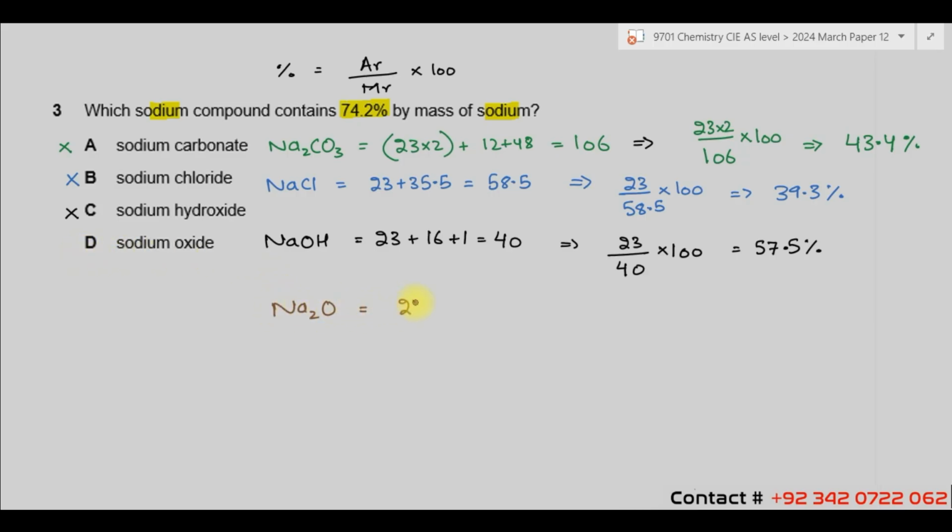So 2 sodium, 23 into 2, 1 oxygen, 16. This is equal to 62. So 23 into 2 divided by 62 into 100. So this is 74.2%. So the correct answer is D.